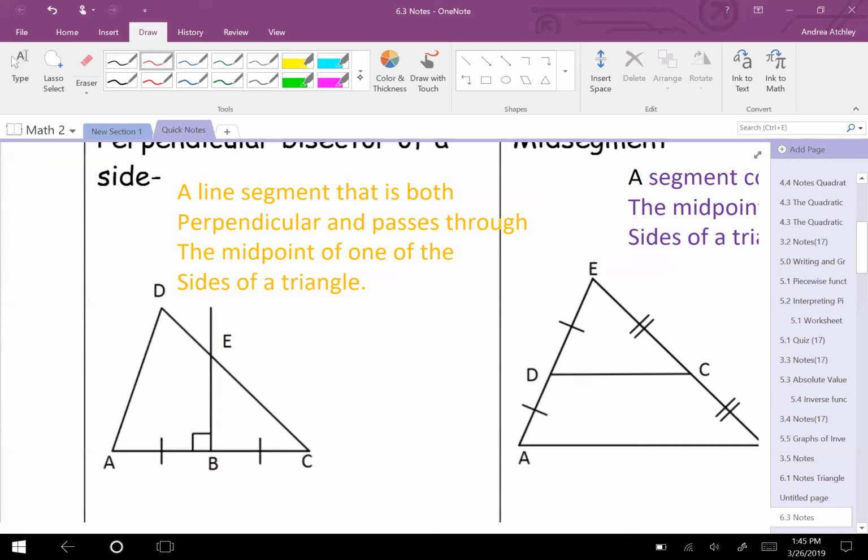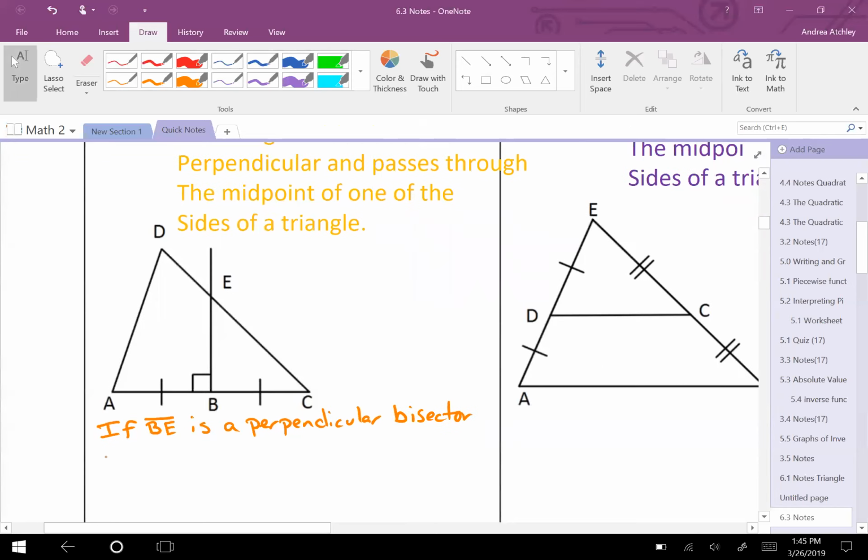Okay, so we would say, if segment BE is a perpendicular bisector of segment AC, then BE is perpendicular to segment AC, and segment AB would be congruent to segment BC.